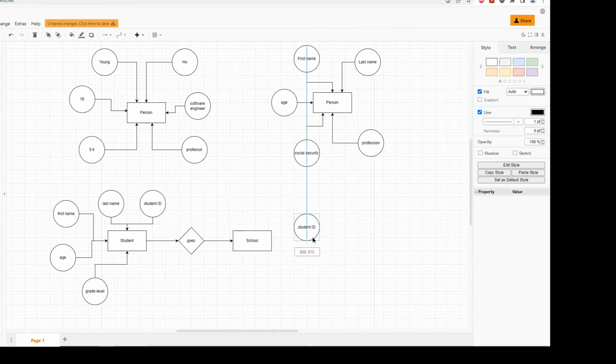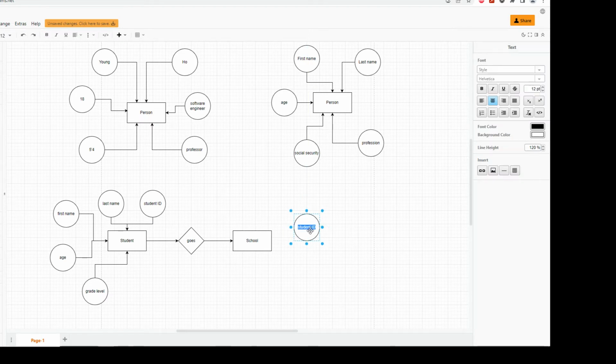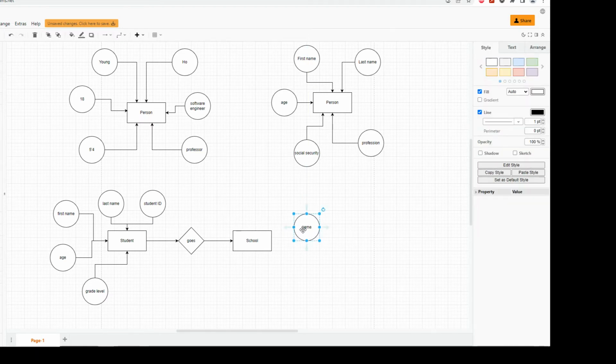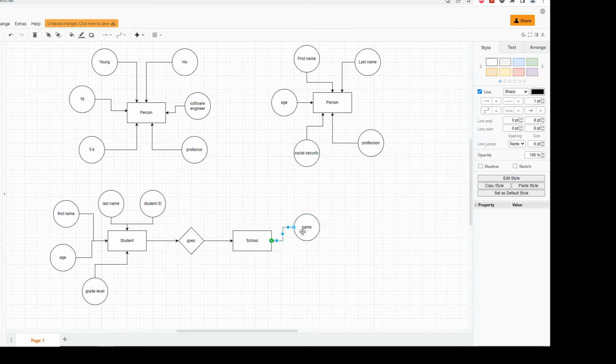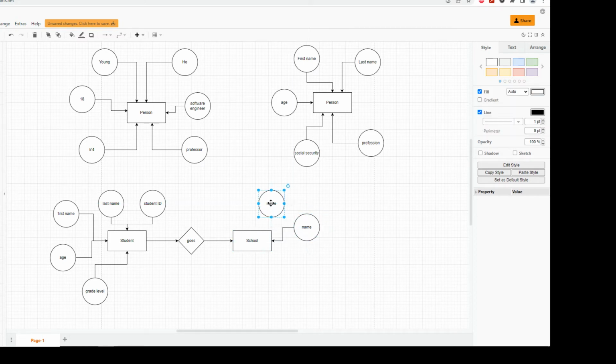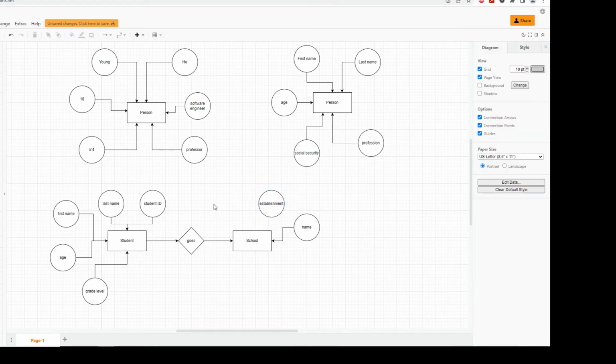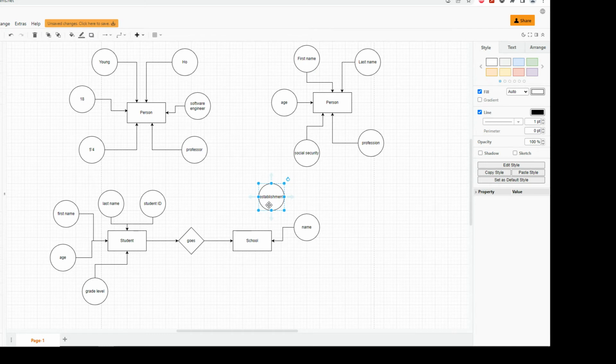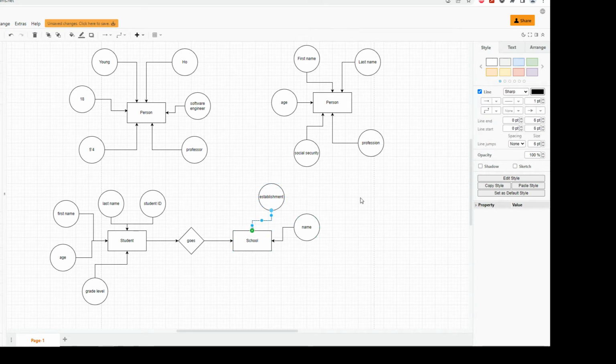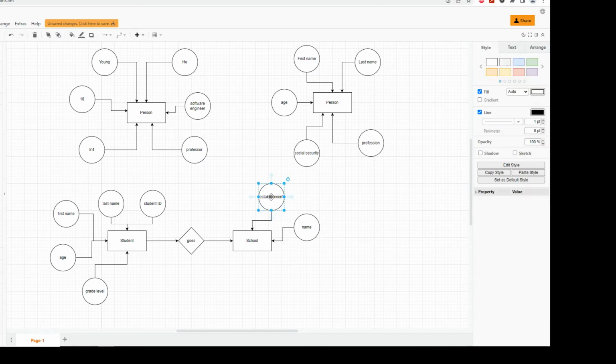You need to identify attributes for school. Obviously, what's the name of the school? That's one attribute. School establishment year: what year did the school establish? Remember, attributes are also nouns, so try to think of a noun that describes what you were discussing. If you're talking about establishment year, then just say establishment year.